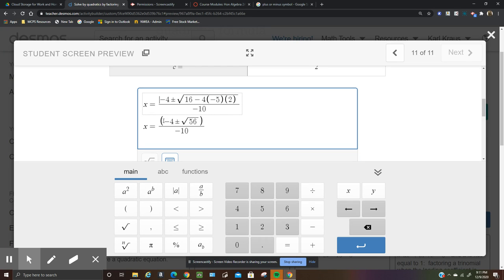You could change the signs here. This was fine. You could change this to plus 4 and this is plus 10. When I divide a negative by a negative, I get positive. So I'm going to go ahead and take those away.